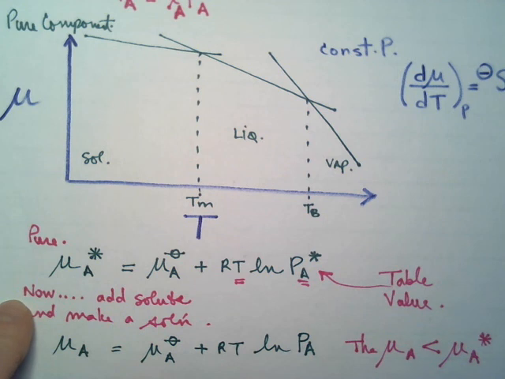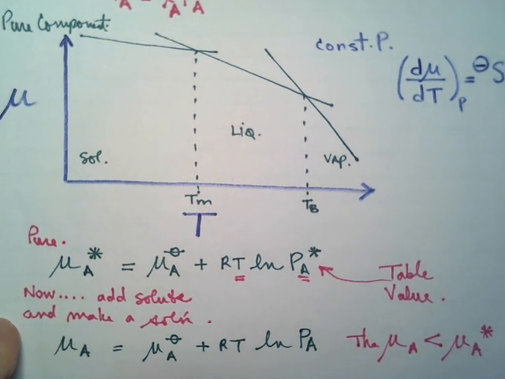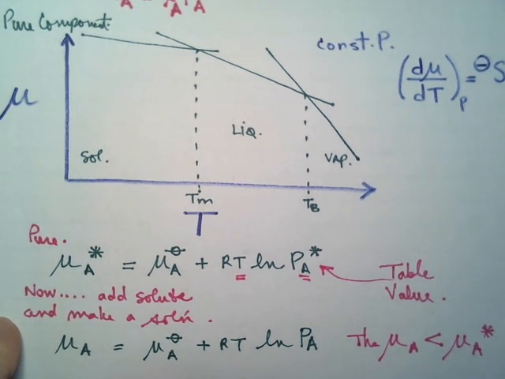Here's a hint. You're just going to focus your attention on the middle of that graph because we're talking about A as a liquid. And when I add solute to A as a liquid, I lower the chemical potential. So think about that straight line sloping, and maintaining that slope, but the chemical potential is lower.